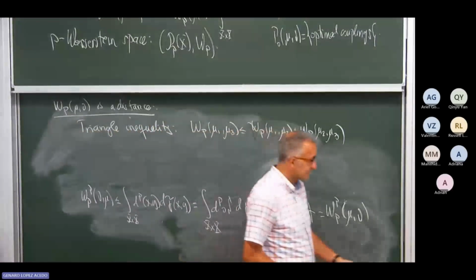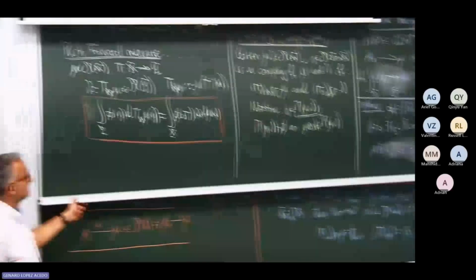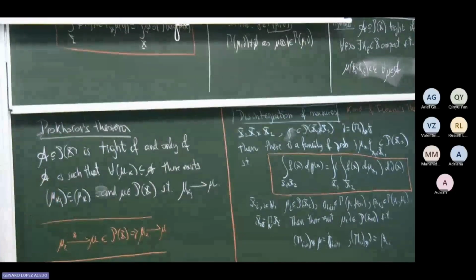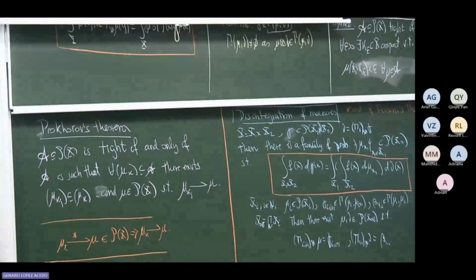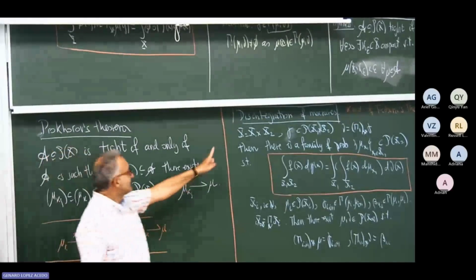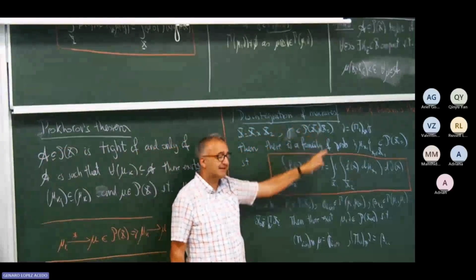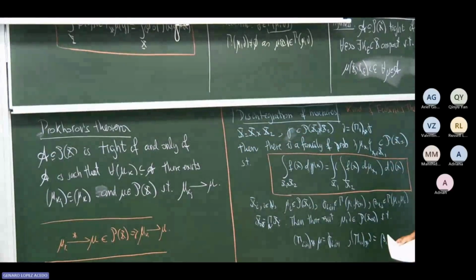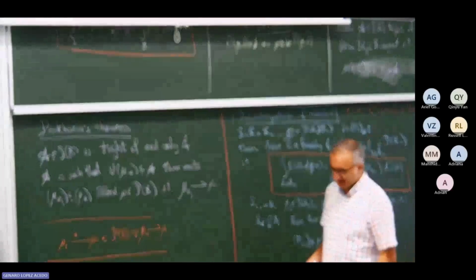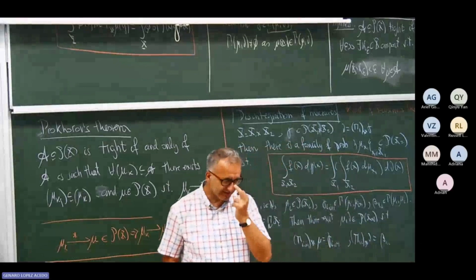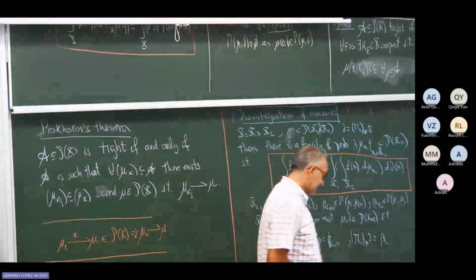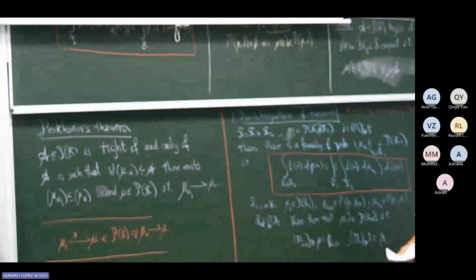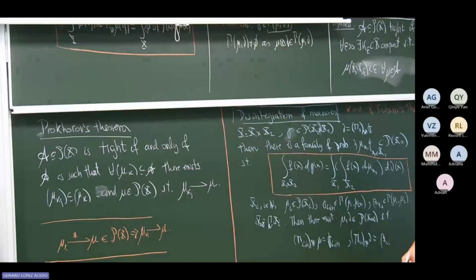We go to the other blackboard. I don't know if you know about this. It's called the disintegration of measures, right? And it's a kind of Fubini theorem. But Fubini theorem works for product measures. We have iterated integrals, and somehow it's natural to decompose that. But in the kind of measures we're working with, we typically work on product spaces, and we're taking measures that are not product measures.